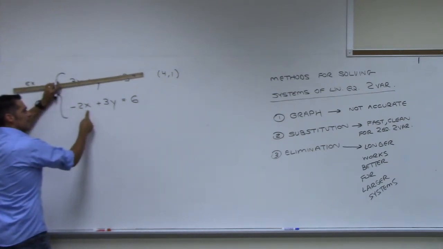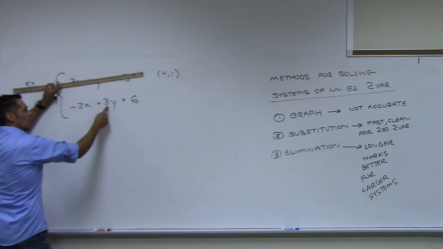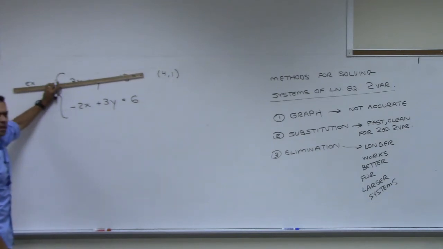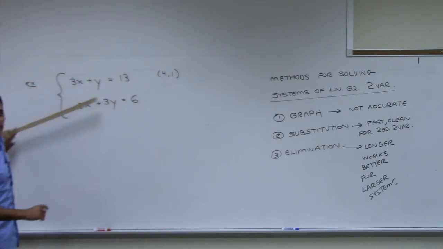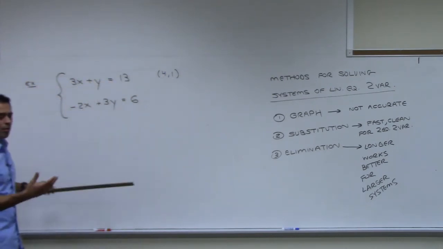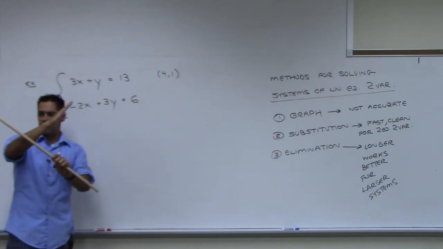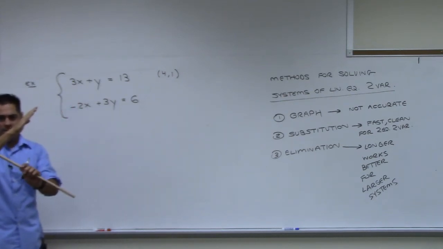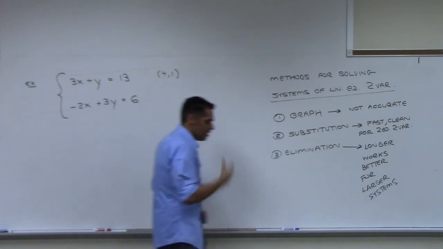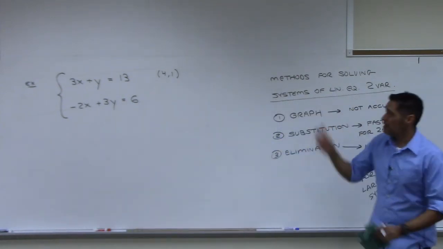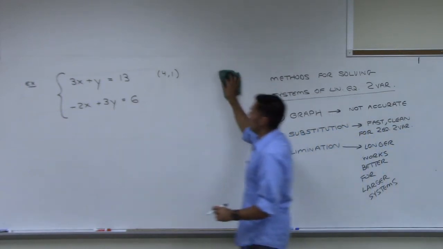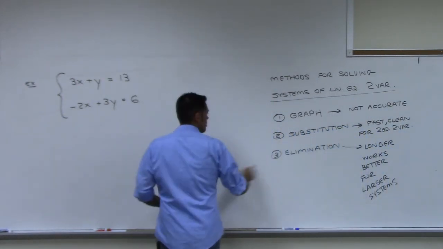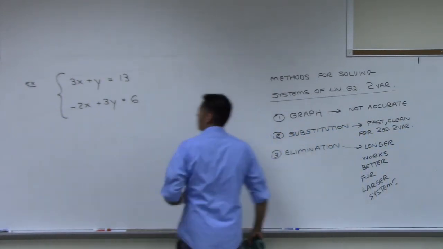What would you get? Negative 8 plus 3? Doesn't work, right? So what we're trying to find here is an x and a y that work for both. That's the goal. But that corresponds to where they intersect, all right? That's the same point. I'm just trying to illustrate that algebraically, we're trying to find an x and a y that work for both simultaneously. All right, so we're going to do substitution here.